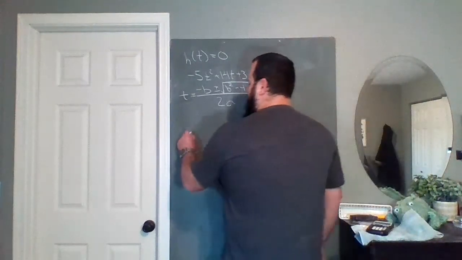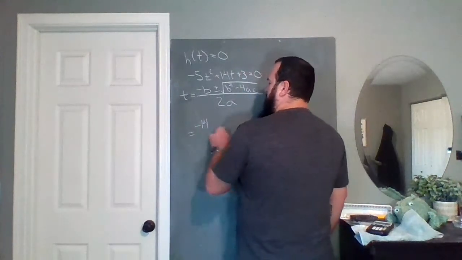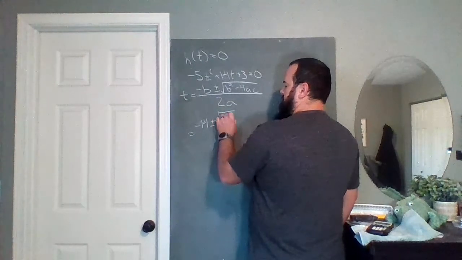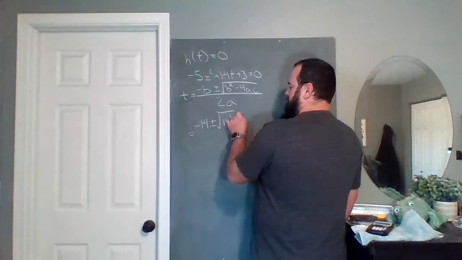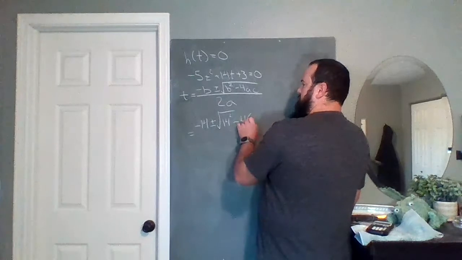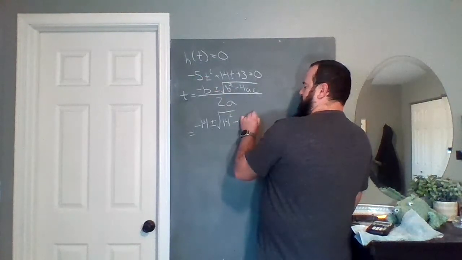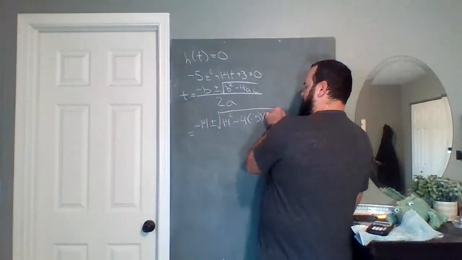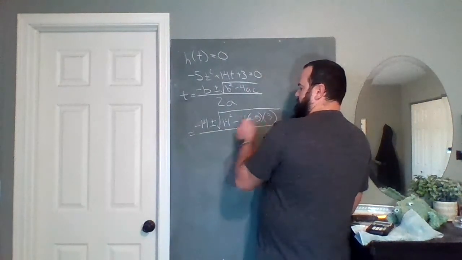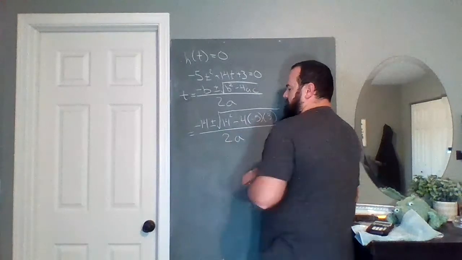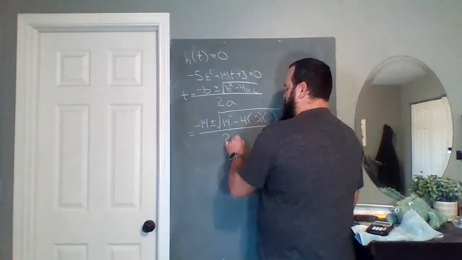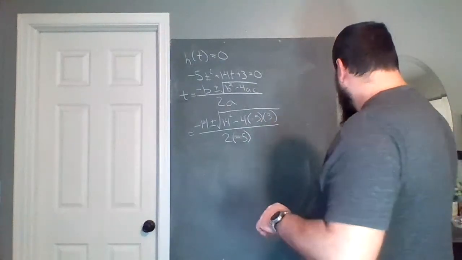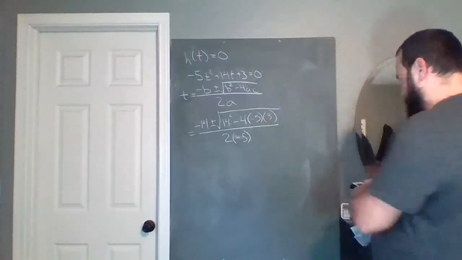So what we get is negative 14 plus or minus the square root of 14 squared minus 4 times a is negative 5 times c is 3, and I want to divide that by 2 times negative 5.